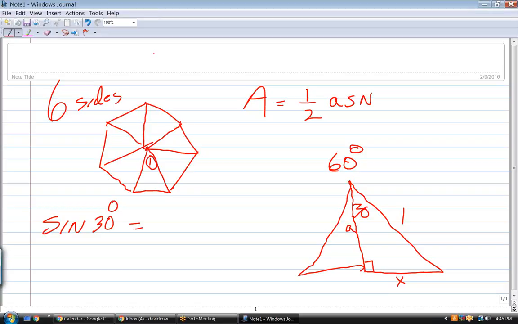Oh, I have to use, in other words, use SOHCAHTOA to give me that answer. SOHCAHTOA. Just because it reinforces your trig. So without knowing what the sine of 30 degrees is, if you didn't have a calculator, from this triangle, what's the sine of 30 degrees equal to? What's opposite over hypotenuse?